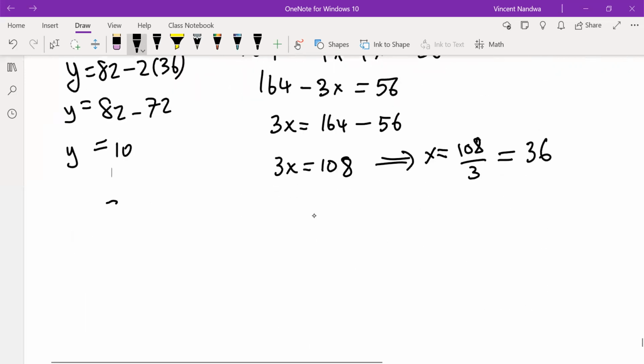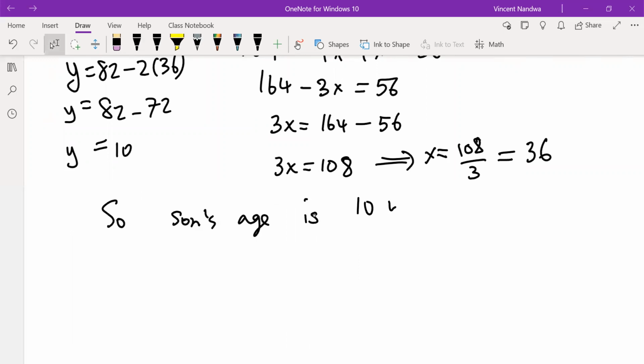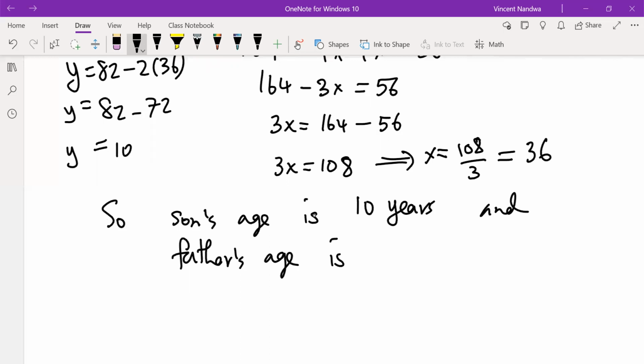So son's age is 10 years and father's age is 36 years.